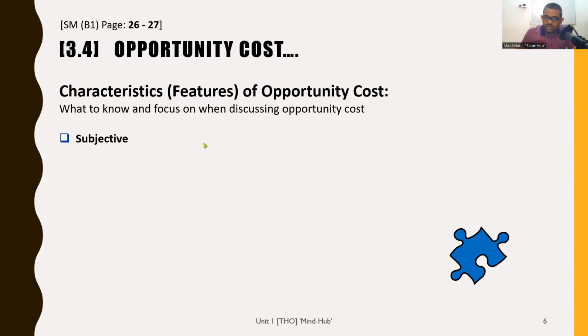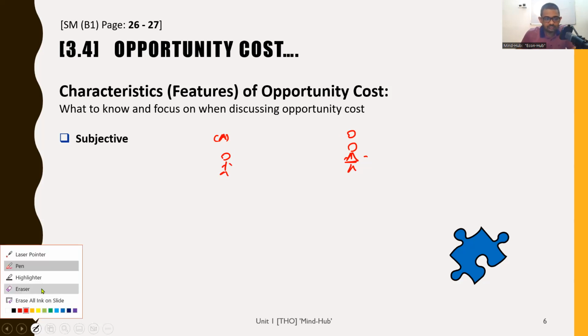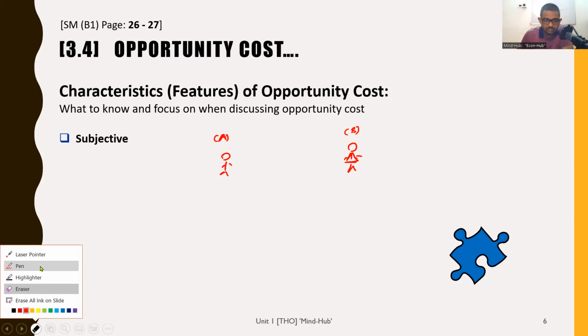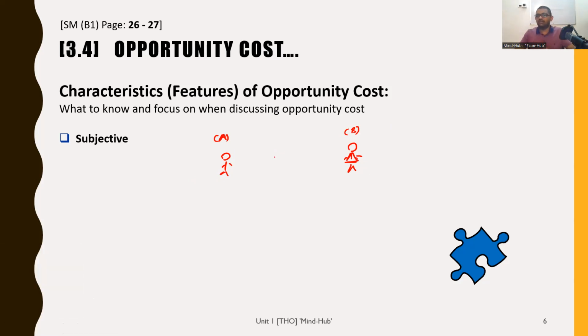So if we have two individuals, we'll say A and B. If A and B are given some options, we'll say the alternatives are the same, but still I'm trying to explain the subjectiveness of opportunity cost.